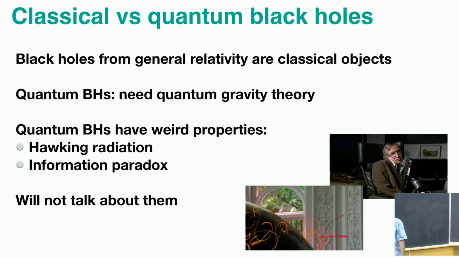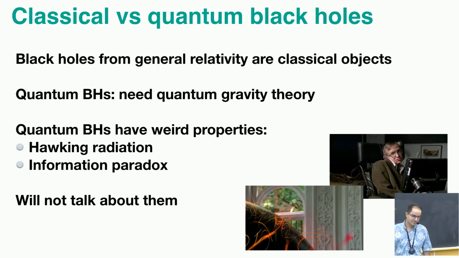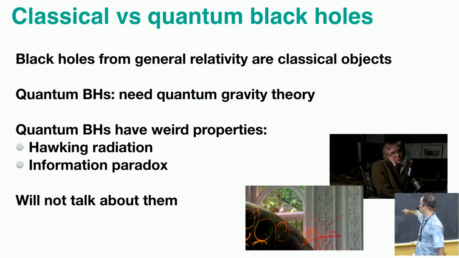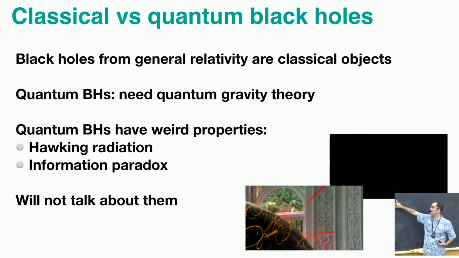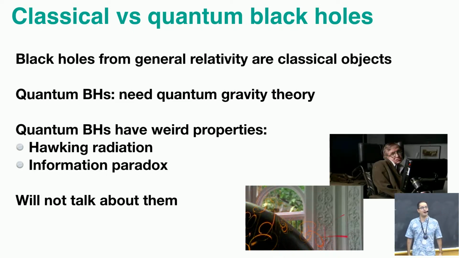And if you compare this with the shining glow of the accretion disk around such a black hole, the Hawking radiation is completely meaningless. So for me, an astrophysicist, I don't pay attention to the Hawking radiation right now.